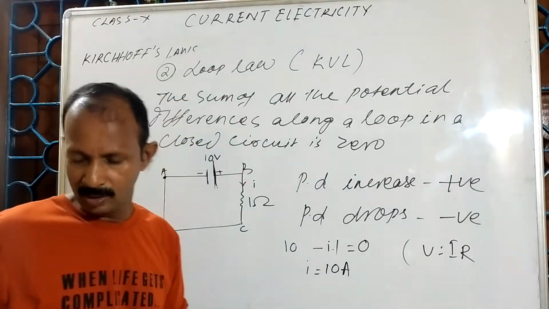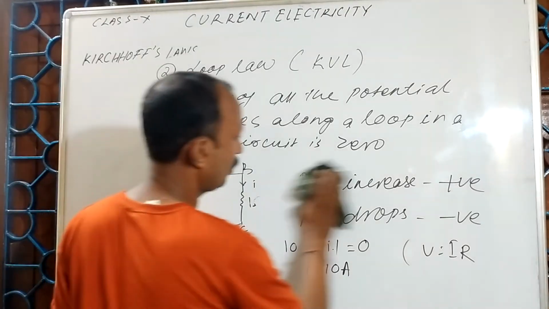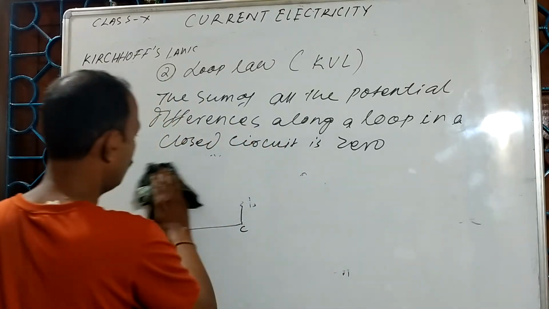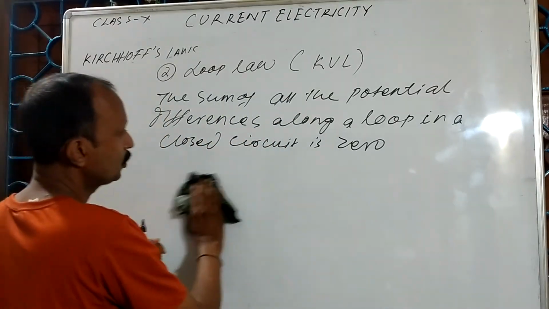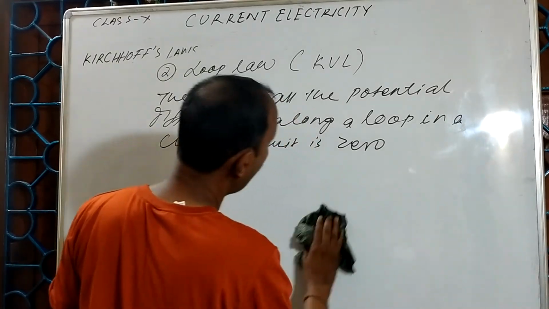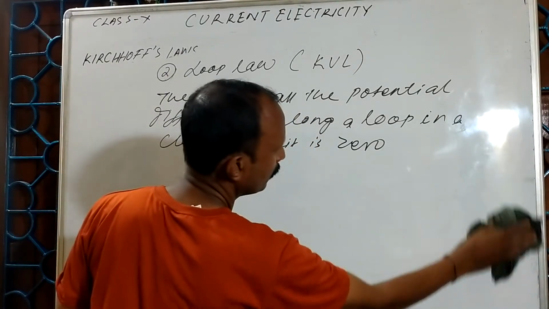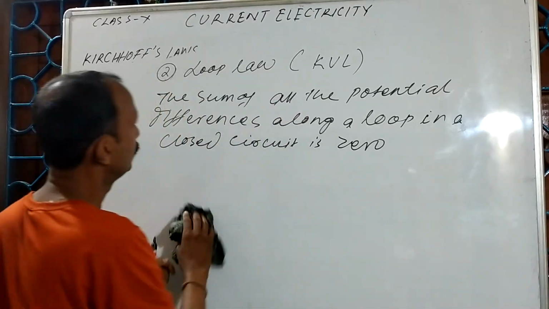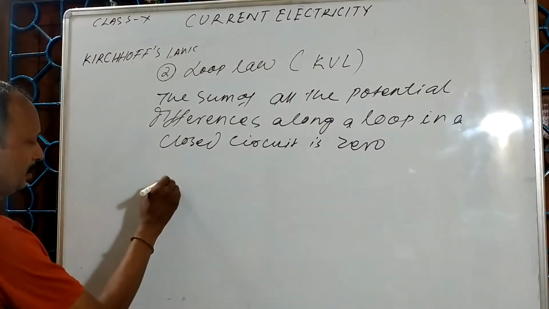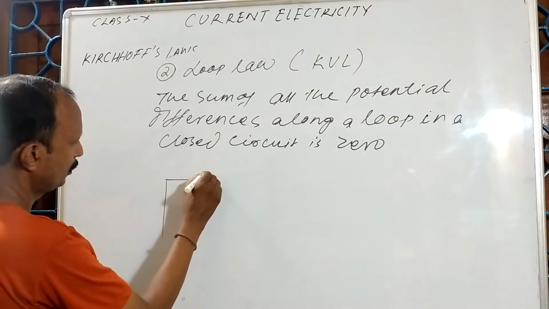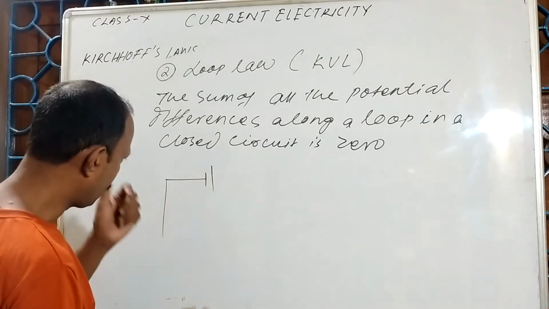Okay. So now we'll see something more complex. Now you see. The second law is called the loop law because it is based on the loop. See here. Now we'll make it a little complex.